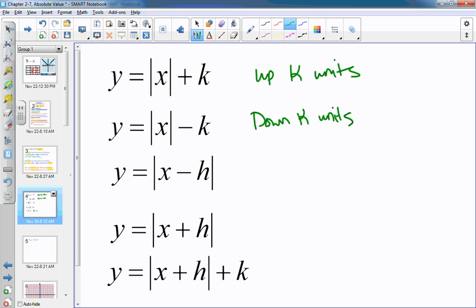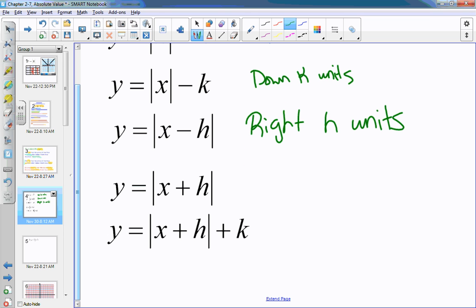Now, this is a formula, and this is opposite of what you think it is. How many of you think that this thing would go to the left h units? Everybody wants to say that it goes to the left, but it does not go to the left. It goes the opposite direction, which means it's going which direction? To the right h units. The next one, what's happening here? It's going to the left, very good.